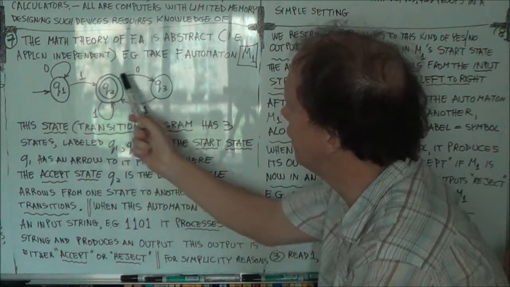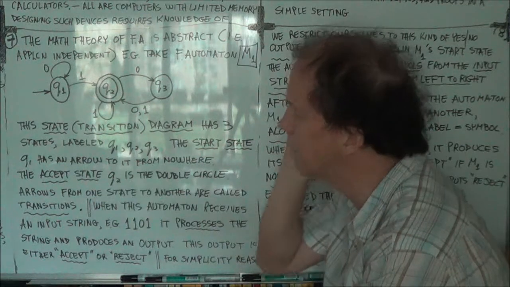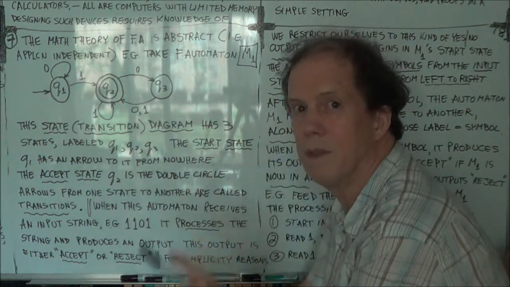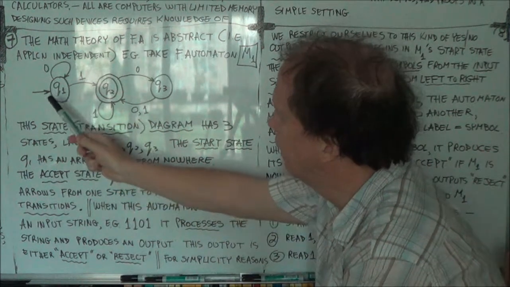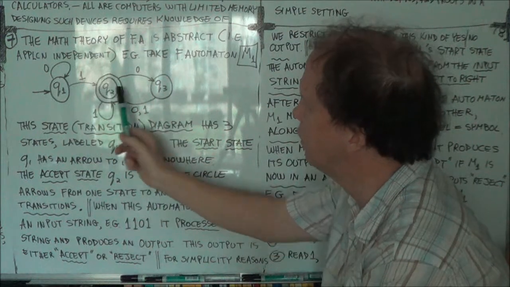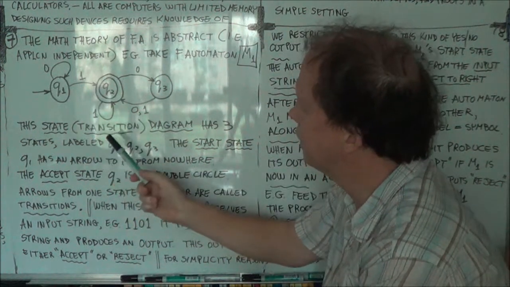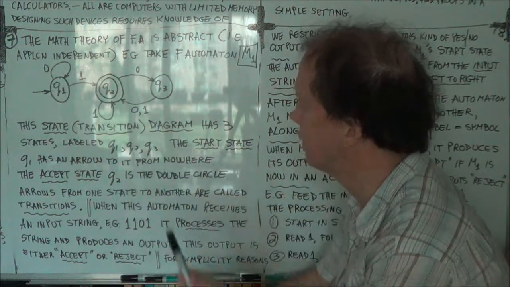Other than that, everything else is familiar, I think, because we did it 2 sessions back for the door controller. Looking at this as a graph, the nodes are states, the edges are transitions. Labeled transitions.